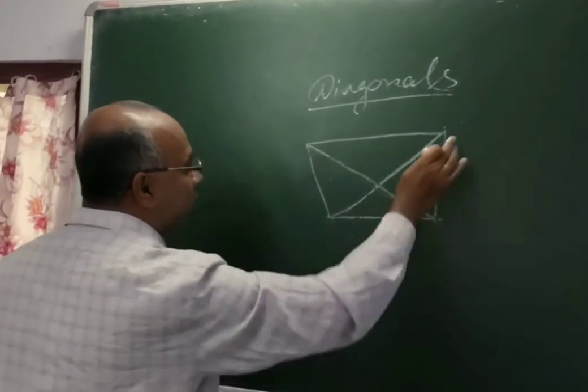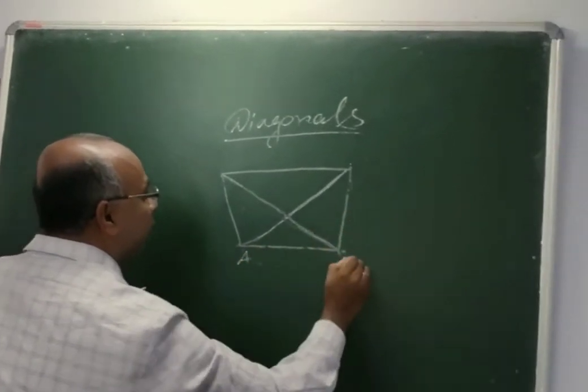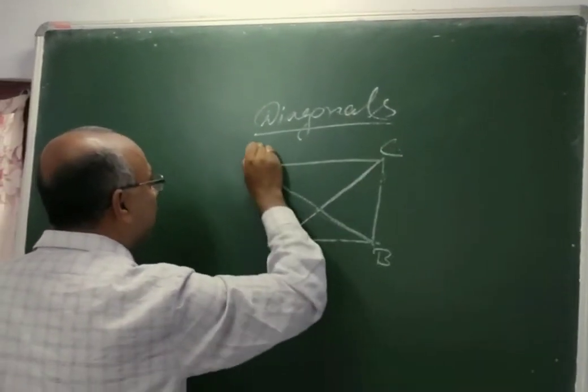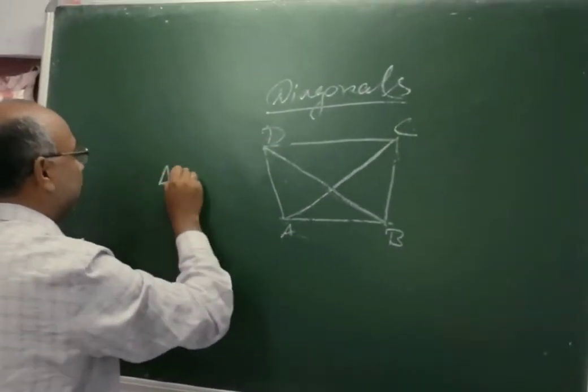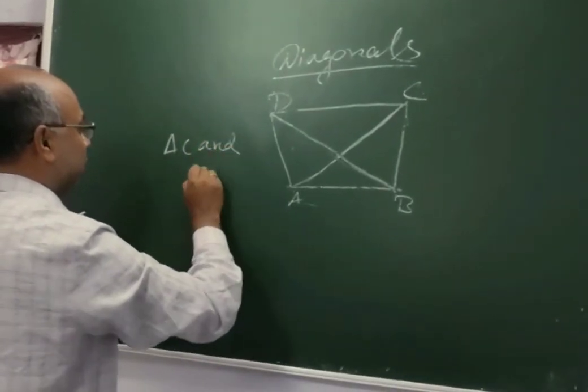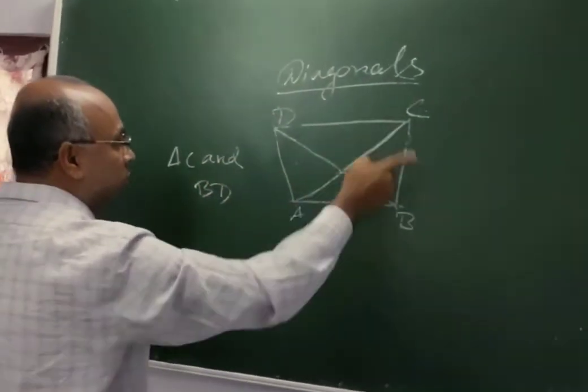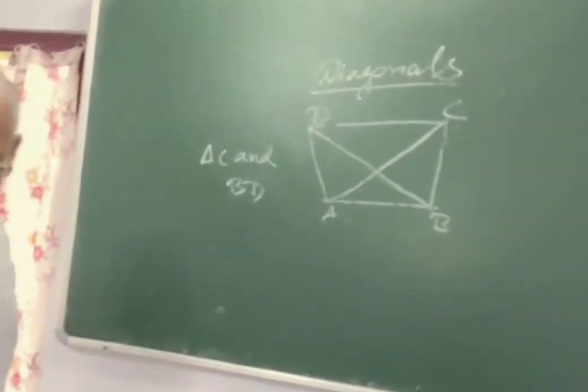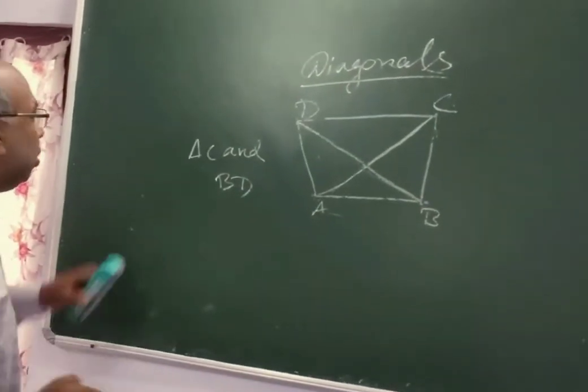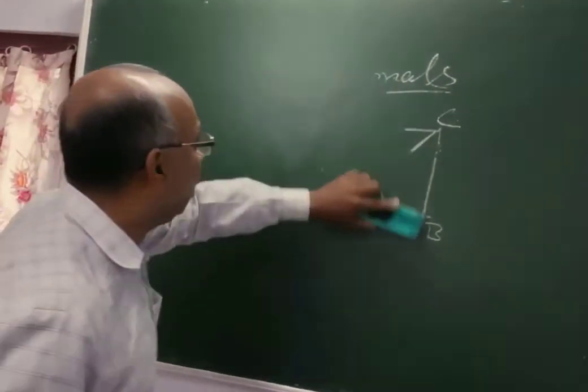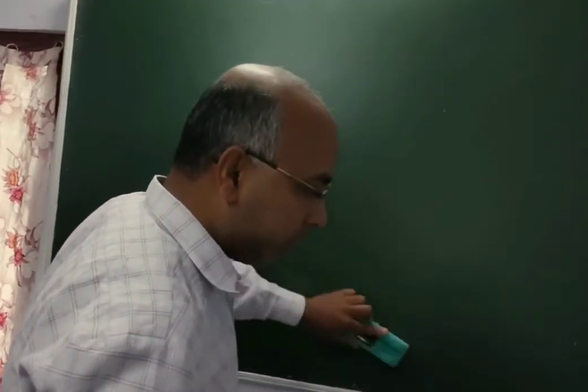So there are two diagonals possible for any figure. For A, B, C, D, which are your diagonals? AC and BD, joining from corner to corner. That is a diagonal. Okay? Now, moving on to the next type of figure, that is called a rhombus.